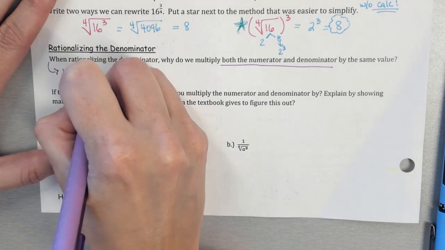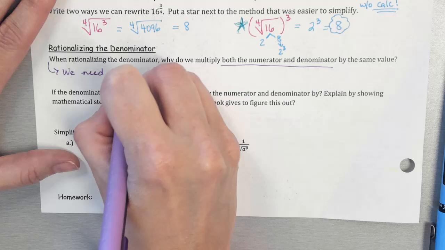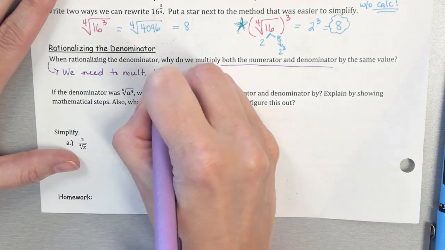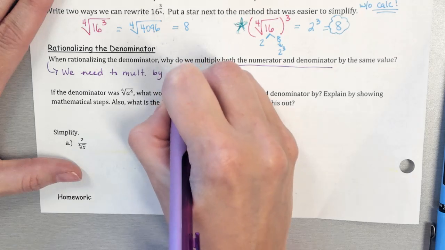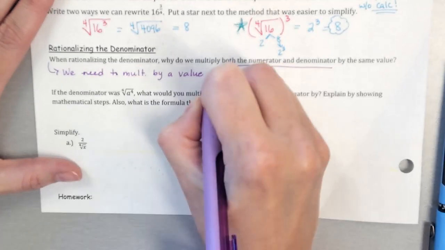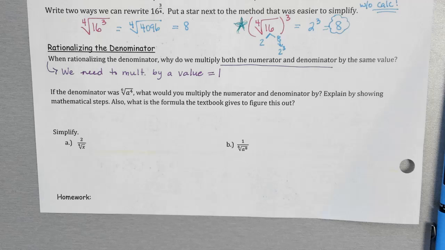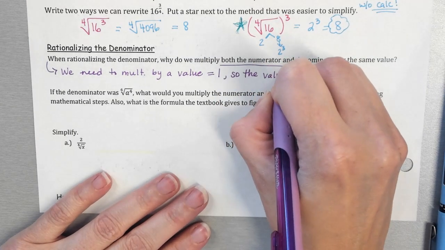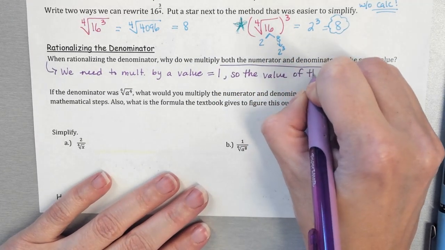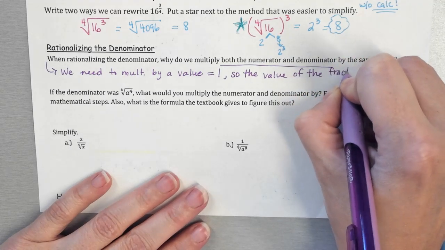Okay, so we multiply both the numerator and denominator because we need to multiply by a value equal to 1. The value of the fraction stays the same.